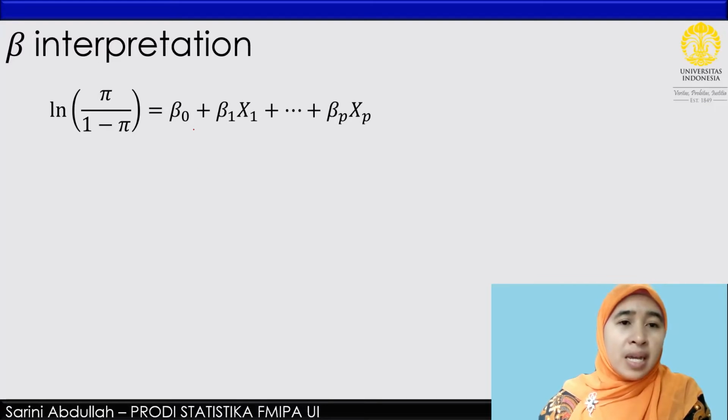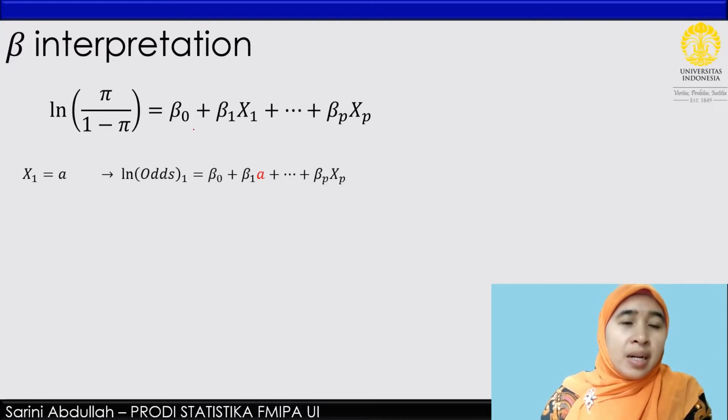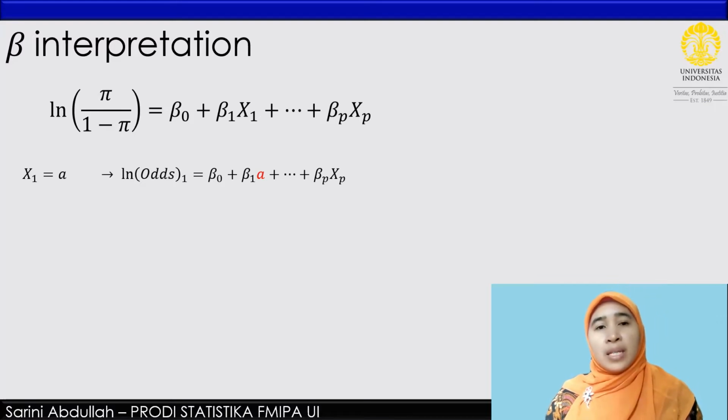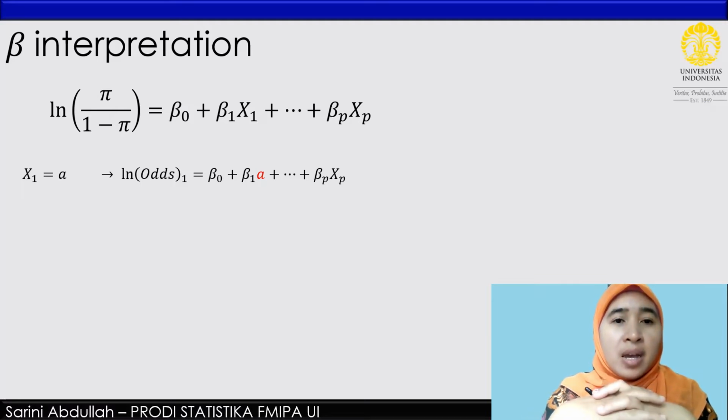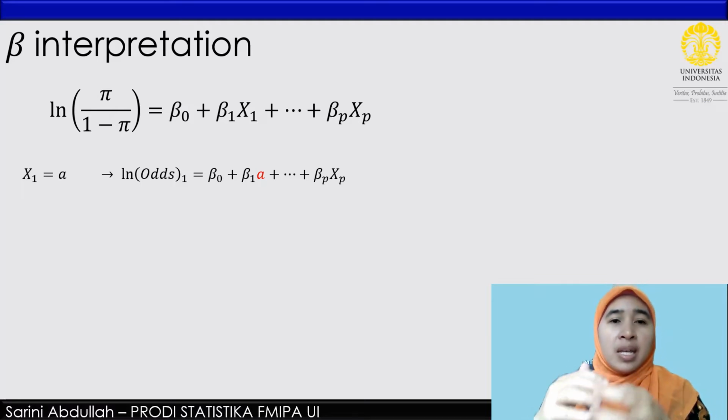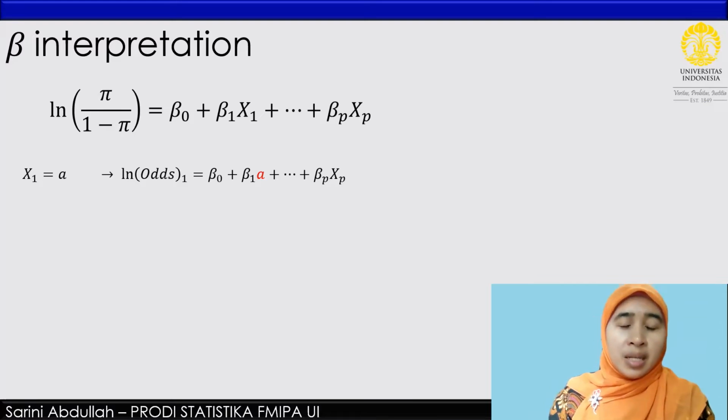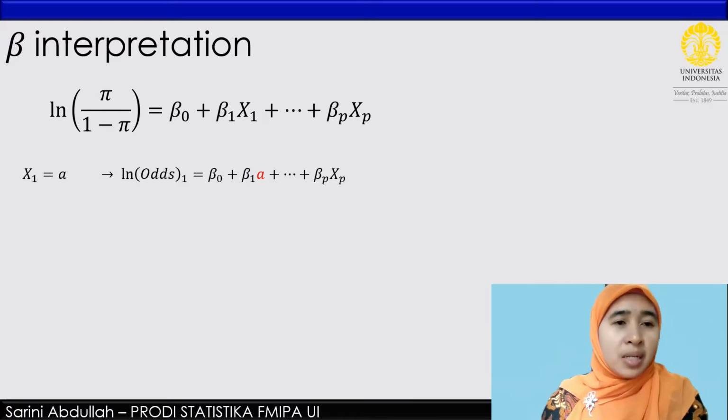Let's say we want to evaluate the contribution of X1 in explaining whether an observation will get into a success category or into the other category.